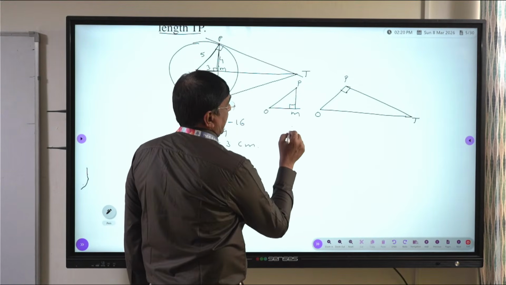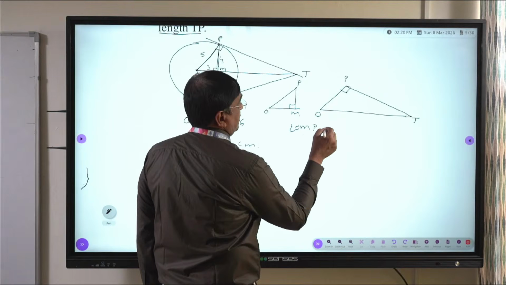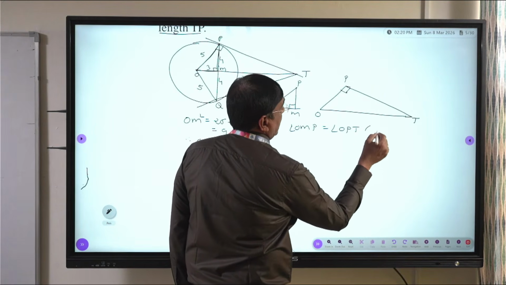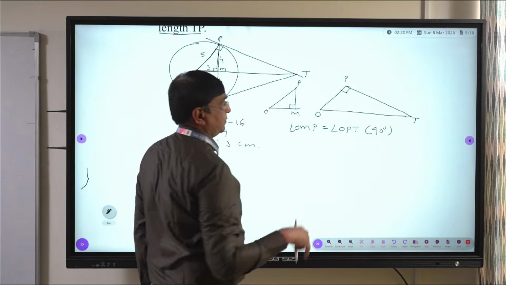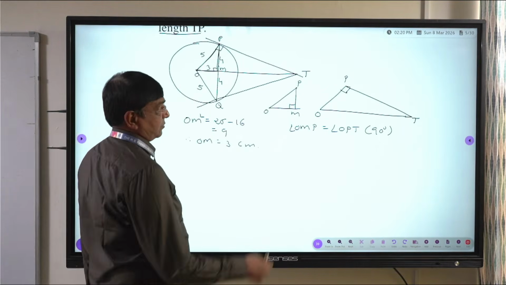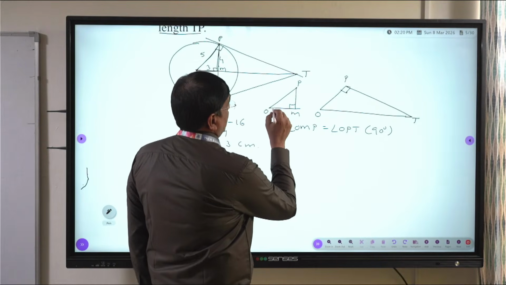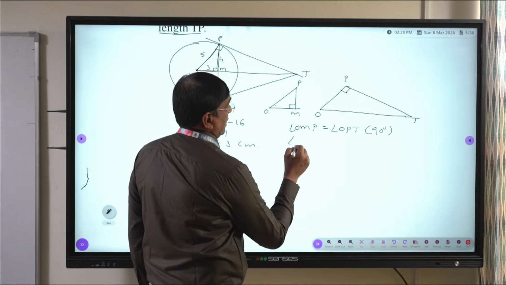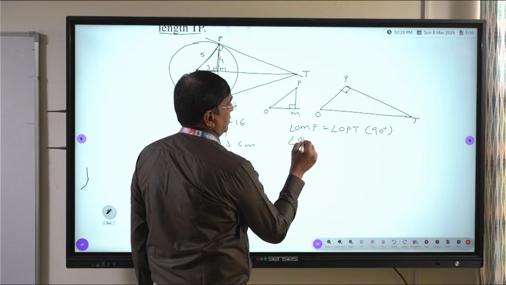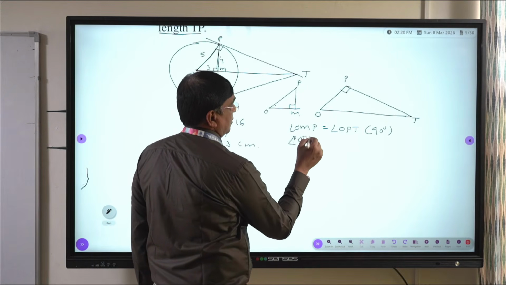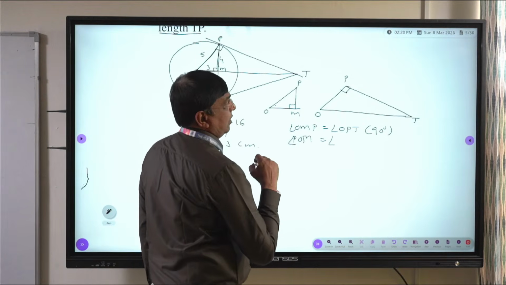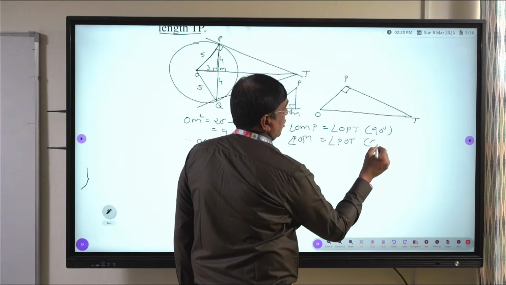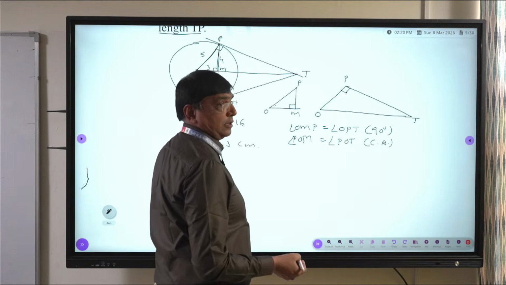First, angle OMP equals angle OPT. Both are 90 each. Second, O is a common angle for both. So angle POM equals angle POT, a common angle for both the triangles.